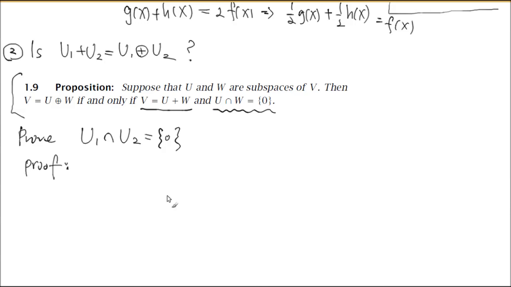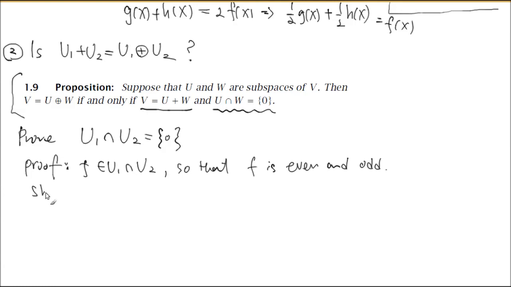Okay, so the proof goes like this. Take f from U1 intersect U2, so that f is even and odd, right? And we want to show f of x is identically 0.